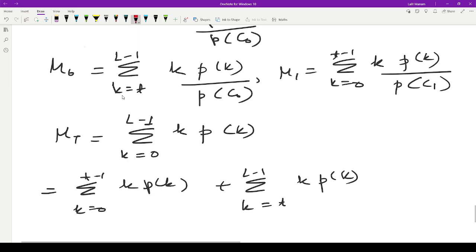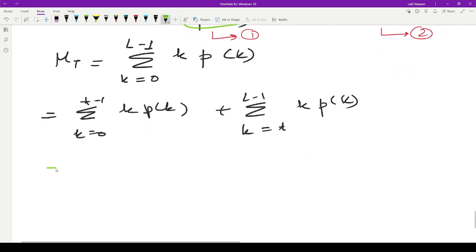Now using this, it can be clearly seen that probability of c naught and probability of c1 are independent of the value k, right?